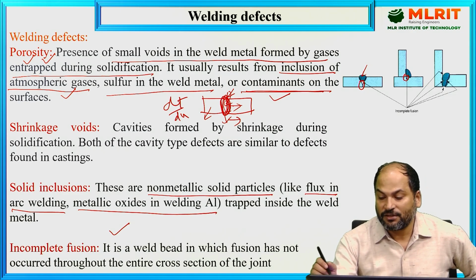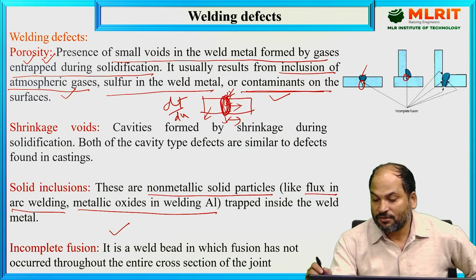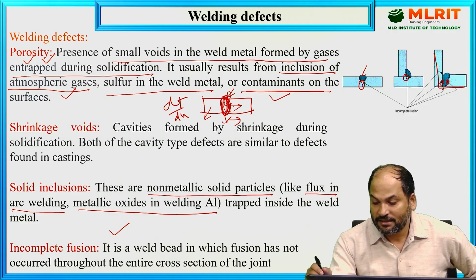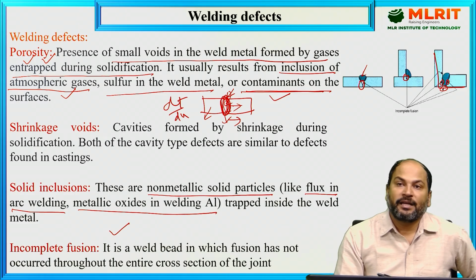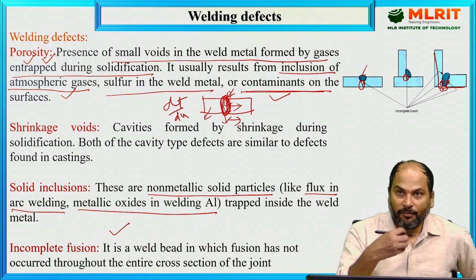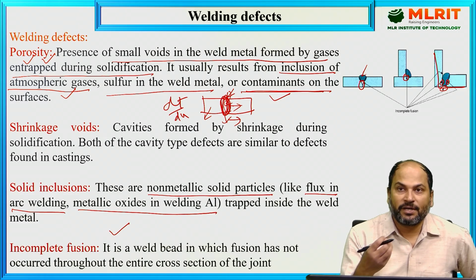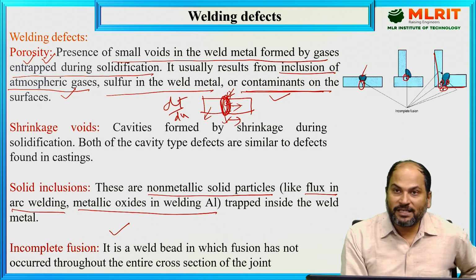So here also there is not complete fusion. There also you can see, if we are generating an L shape, this is one plate and this is the other. At this section, you can see it couldn't melt the material, or you can say fusion was not sufficient. So this is known as incomplete fusion.